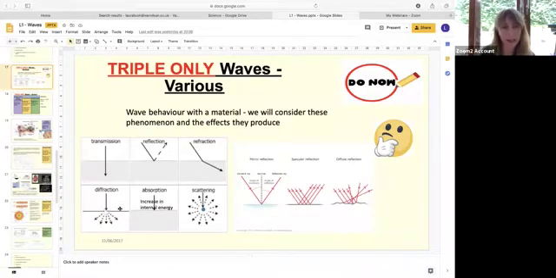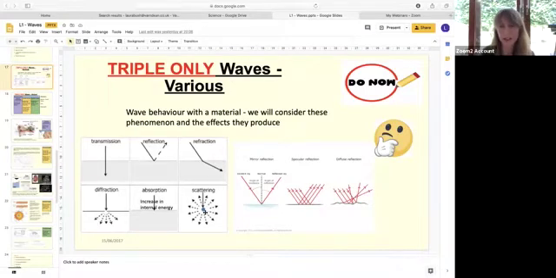Diffraction is where a wave passes through a small gap and then spreads out on the other side. There might be an absorption, where there is an increase in internal energy of the object, and one that is highly unlikely to come up, which is called scattering.